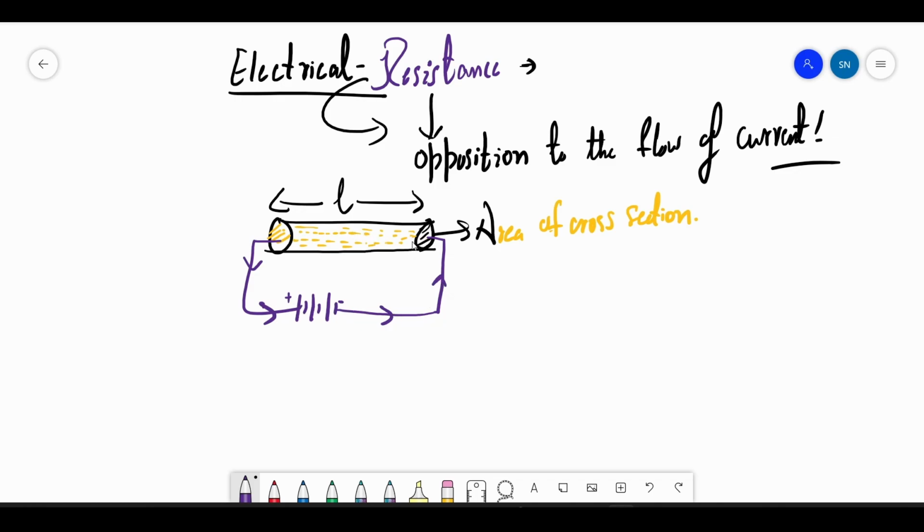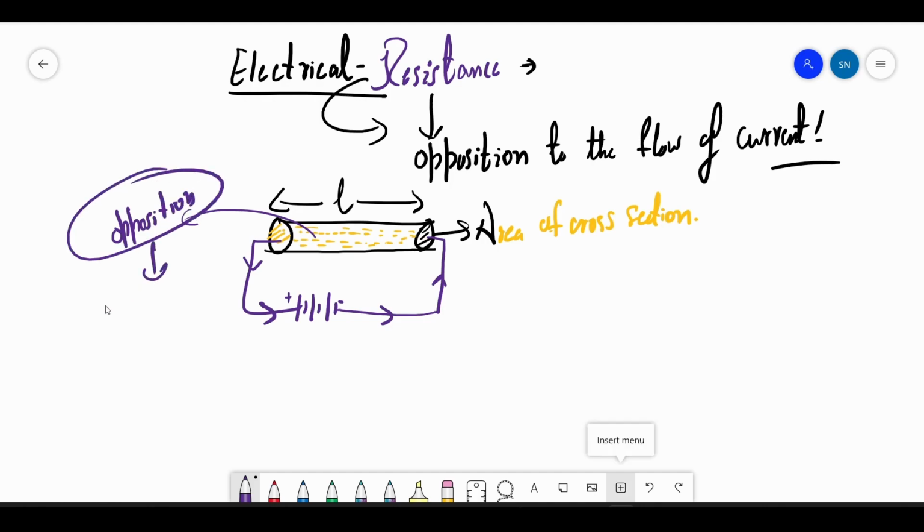But while they are traveling in this conductor, they face some opposition. This opposition is called electrical resistance. Now, there's a reason behind all of this that we will, inshallah, study. Is this clear?